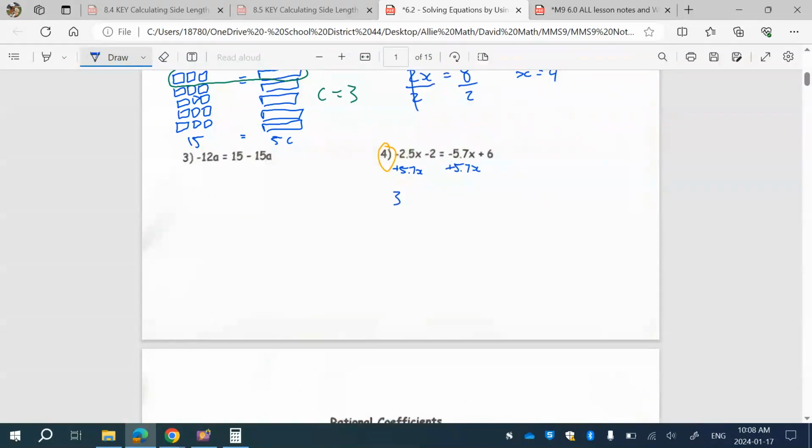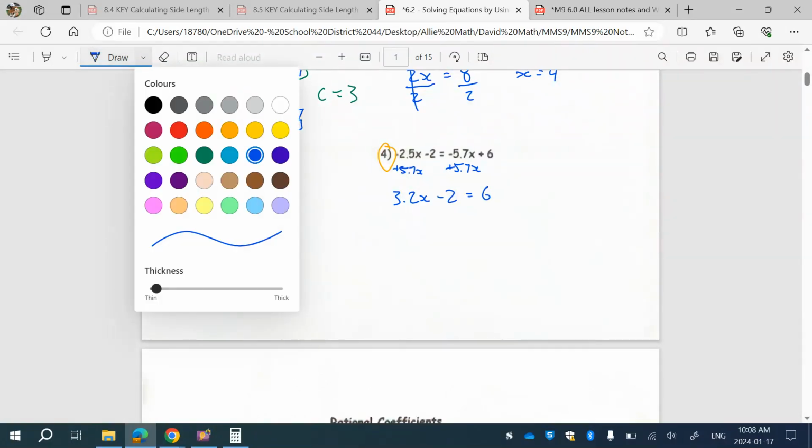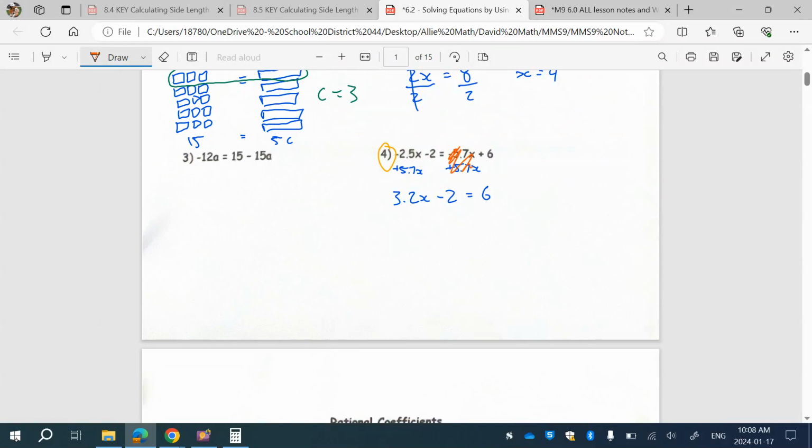So now we've got 3.2x subtract 2 equals 6. This, remember, kind of zeroed out. Now let's add this 2 to each side. We're left with 3.2x equals, this is 0 again, remember? Now 6 plus 2 is going to be 8.